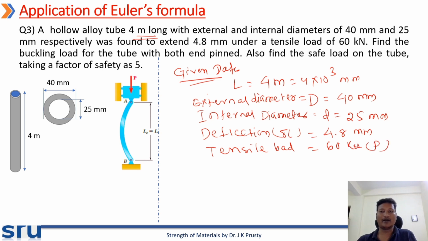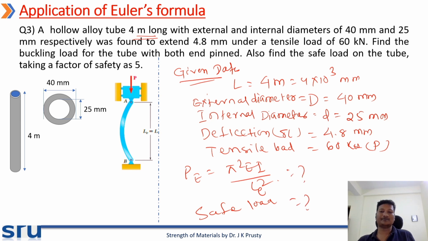So you need to find out the buckling load, and you know the formula pi square EI by L_e square, and then the safe load.